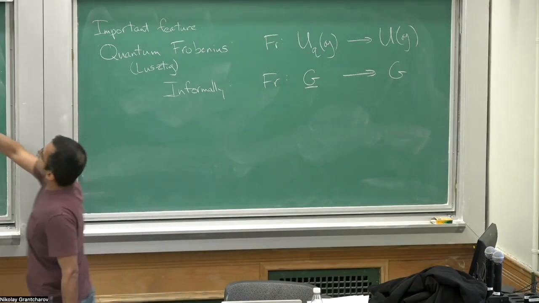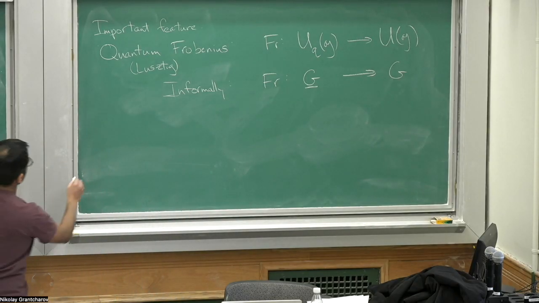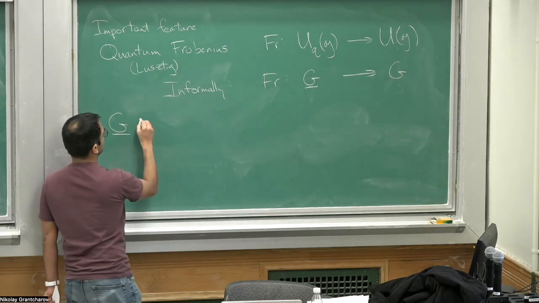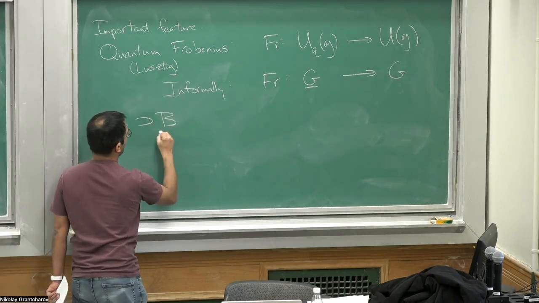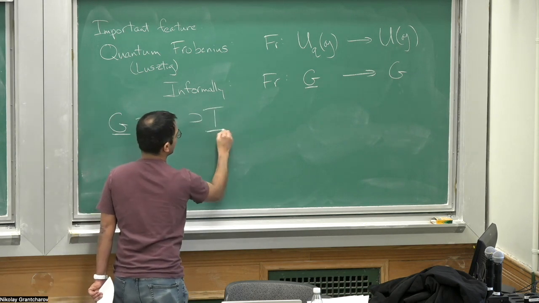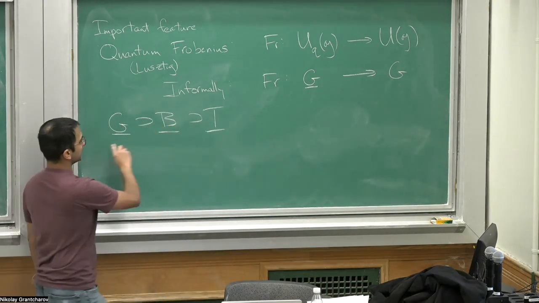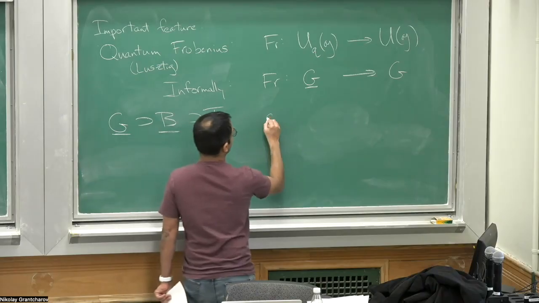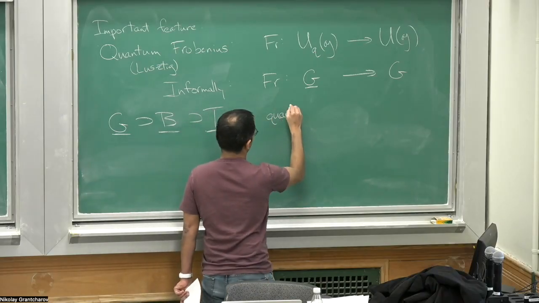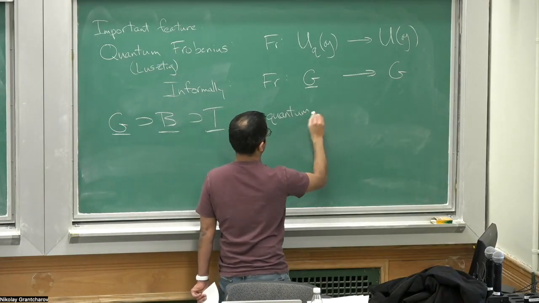Okay, so you can informally write this. And then I want to keep going with this copying. So there's the quantum group G, there's a quantum Borel inside it, and there's a quantum torus. Those are all certain Hopf algebras which I write with underlines.